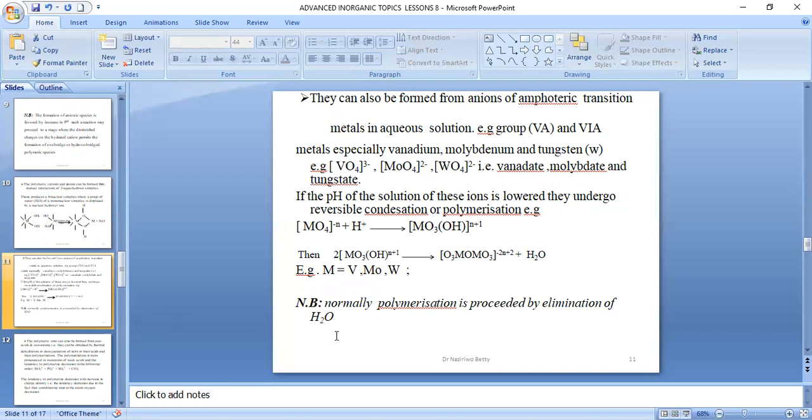If the pH of the solution of these ions is lowered, they undergo reversible condensation or polymerization reaction, as can be seen in this equation, where M is vanadium, molybdenum, or tungsten. A point to note here is that normally polymerization is accompanied by elimination of water molecules.